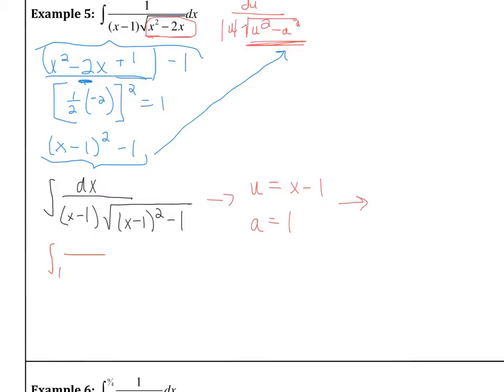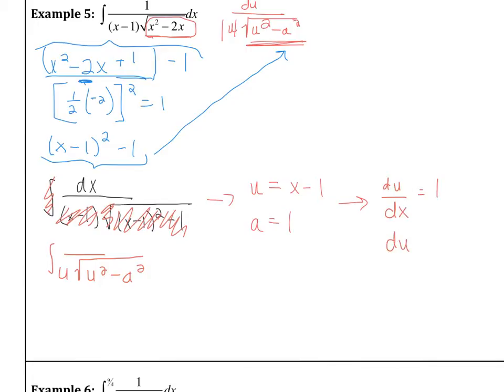And then instead of writing x minus 1 squared, I'll just write u squared minus a squared, and then dx. Yes, we need to get du dx. And du dx is just 1, which is convenient because that tells me that du is equal to dx.